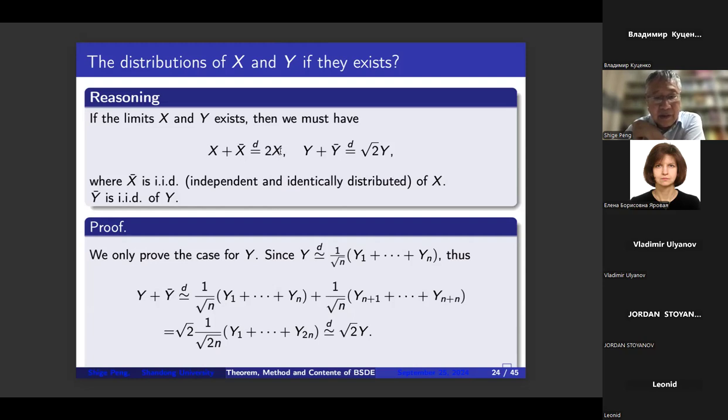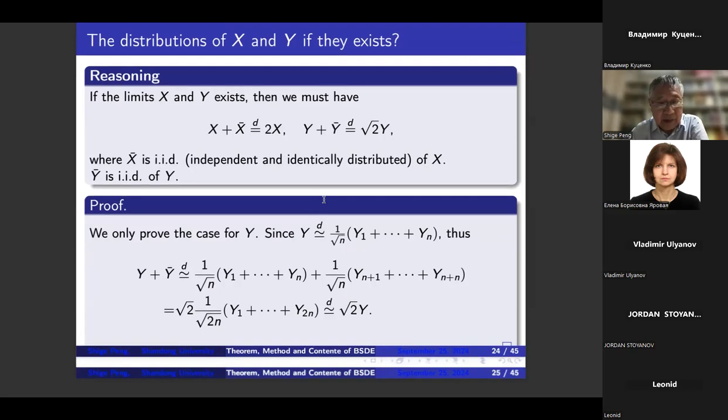This is what we call the maximal distribution. And for y, if y plus y bar is identically distributed like square root of 2 times y, then we call it the central, the normal distribution, normally distributed.